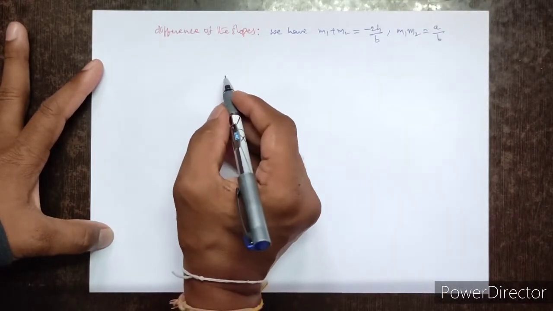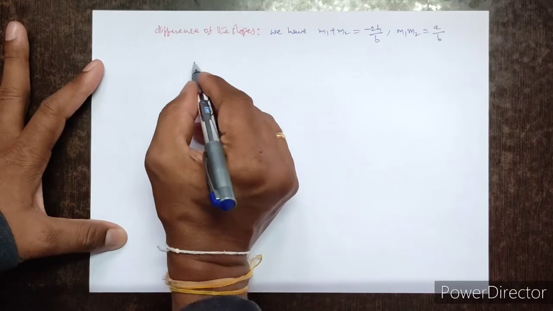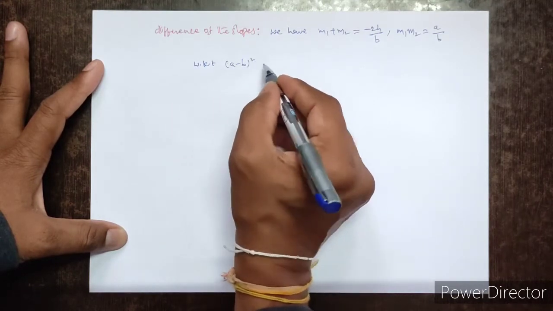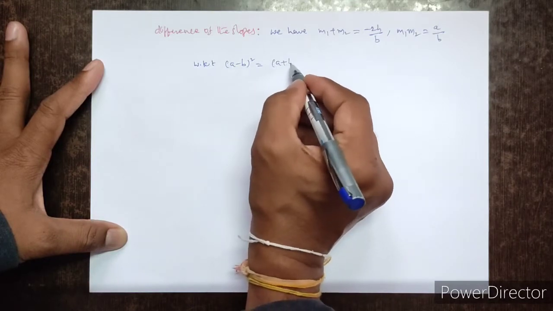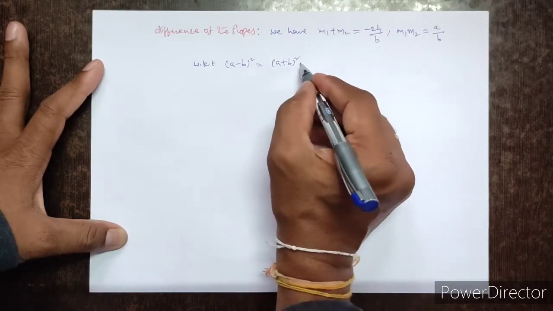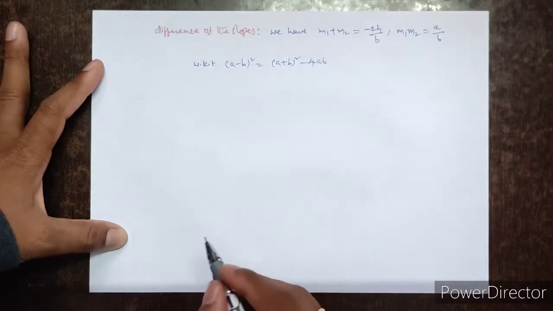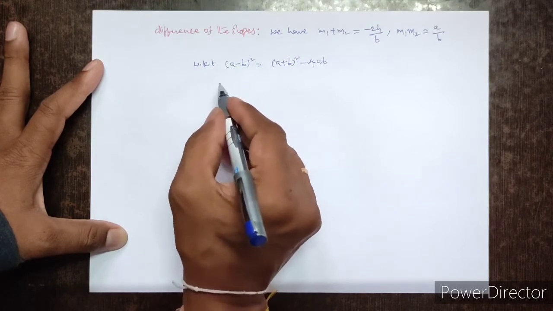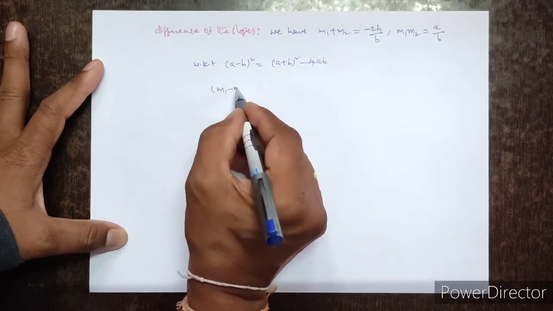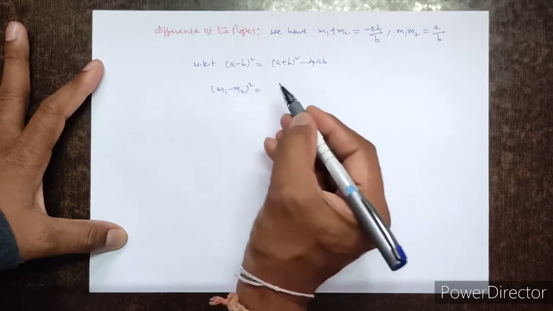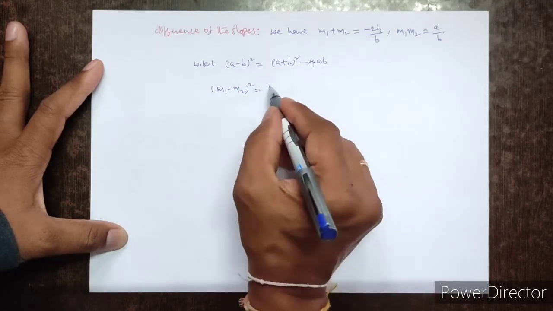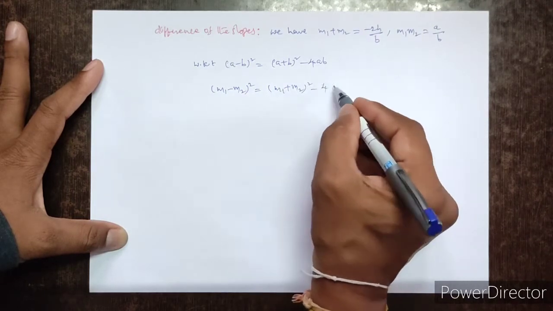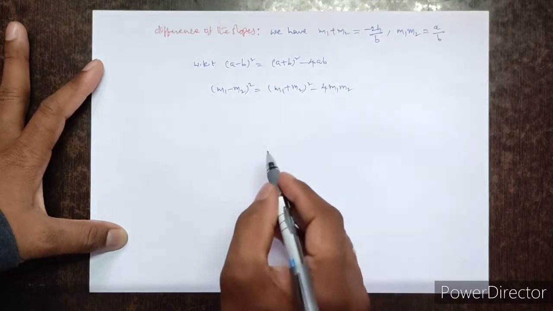To find the difference, that is m1 minus m2, we know that a minus b whole square equal to a plus b whole square minus 4ab. So to find difference, we use this formula: m1 minus m2 whole square equal to m1 plus m2 whole square minus 4 m1 m2.